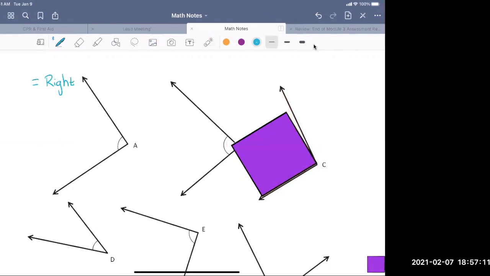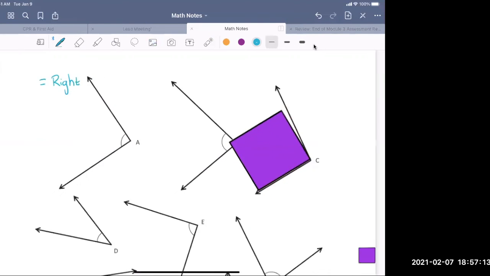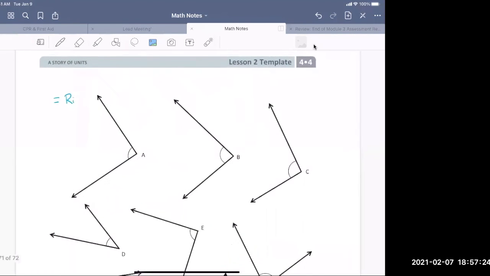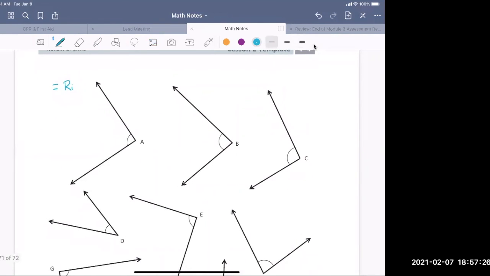We said B, let me get this square out of the way. Okay, so A is equal to a right angle. B is less than a right angle. And C is greater than a right angle.